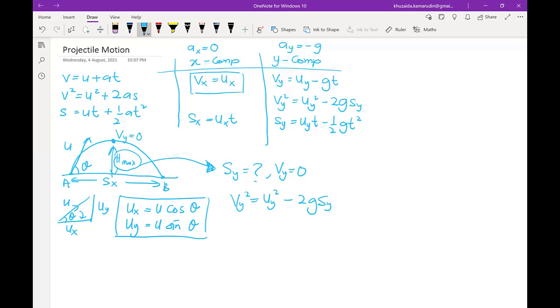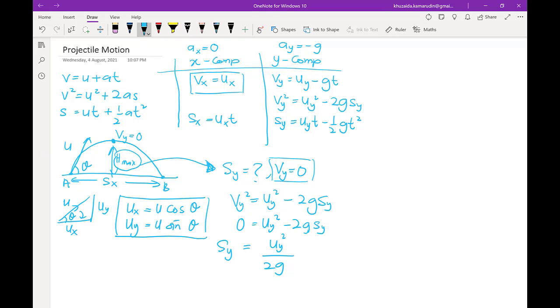Wajib bila nak cari maximum height, you mesti gunakan formula yang ada Vy so that you can substitute Vy equals 0. Then you have 0 equals Uy square minus 2GSY. Yang selebihnya macam biasalah, you akan dapat SY equals Uy square divided by 2G. The equation you don't have to memorize. Yang paling penting you tahu equation mana yang perlu digunakan, and then buat substitution macam biasa.